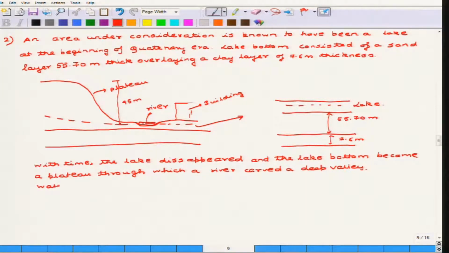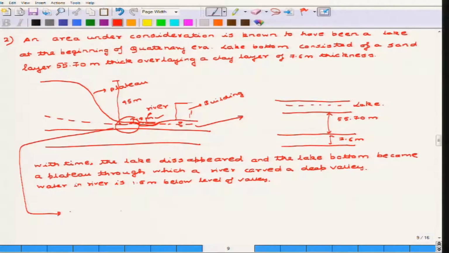So water in river is 1.5 meter below level of valley. So that means this is the water level, and this height is some 1.5 meter. It is difficult to draw here, but if you enlarge this part, this is how it looks.